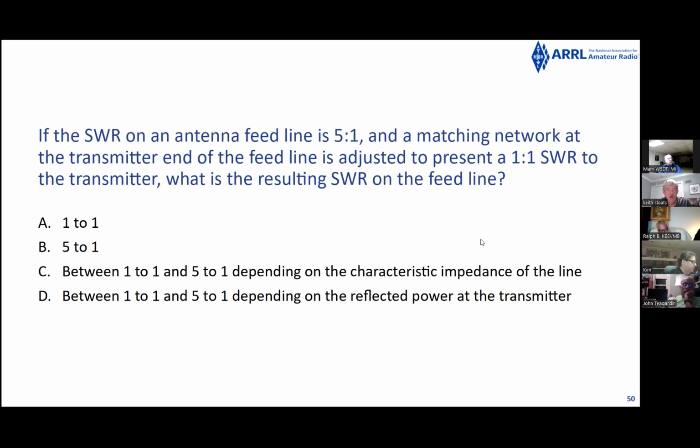If the SWR on an antenna feed line is 5-to-1, and a matching network at the transmitter end of the feed line is adjusted to present a 1-to-1 SWR to the transmitter, what is the resulting SWR on the feed line? 1-to-1, 5-to-1, between 1-to-1 and 5-to-1 depending on the characteristic impedance of the line, between 1-to-1 and 5-to-1 depending on the reflected power of the transmitter.